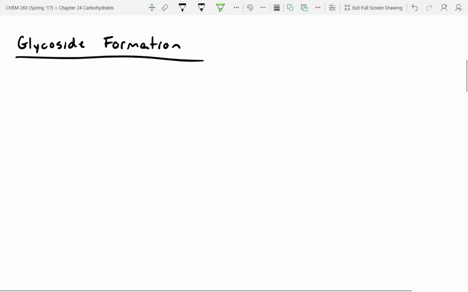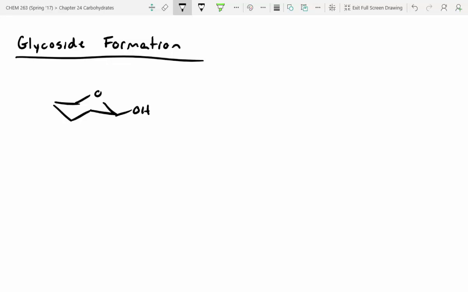Okay, so let's draw glucose in the chair conformation. And is that alpha or beta glucose the way I have it drawn? Beta. The anomeric carbon's equatorial, which means it must be beta. If it were axial, it would be alpha. Okay?